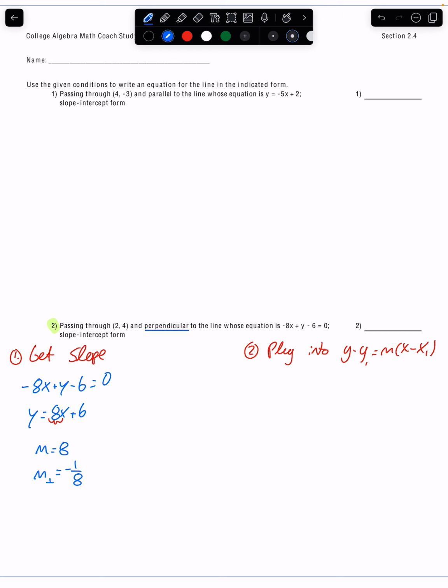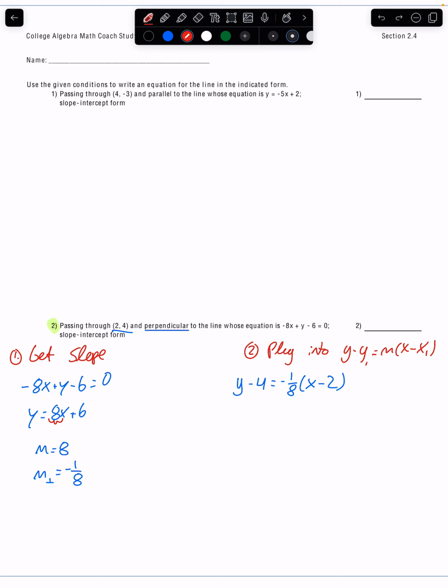Now we just plug into the formula that we're given. I'm just using the point that they gave us in the problem and the slope that we found down there.